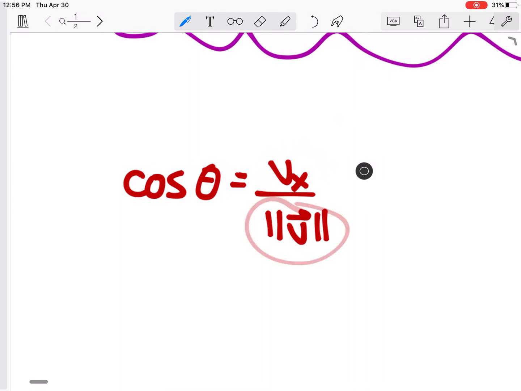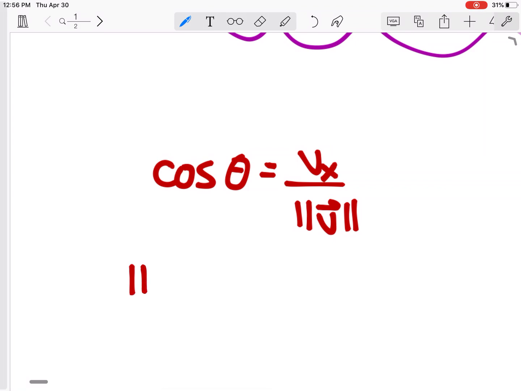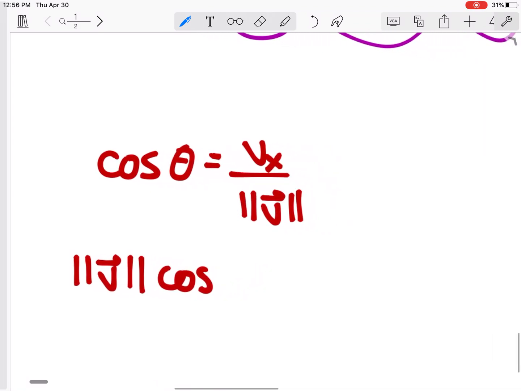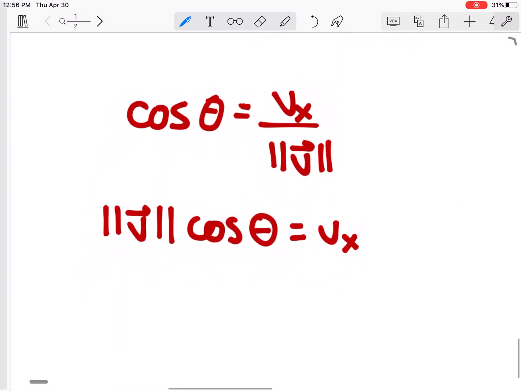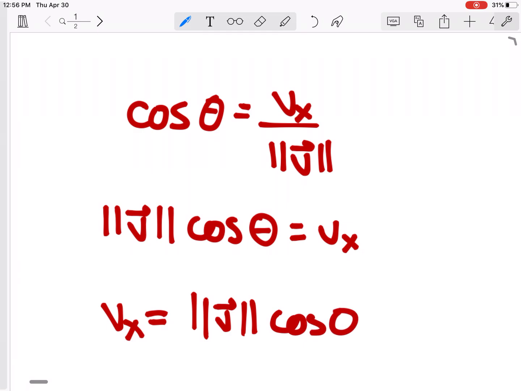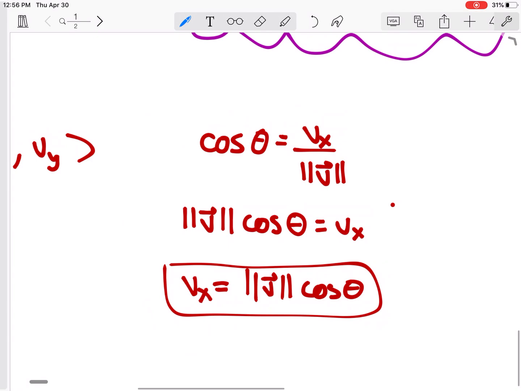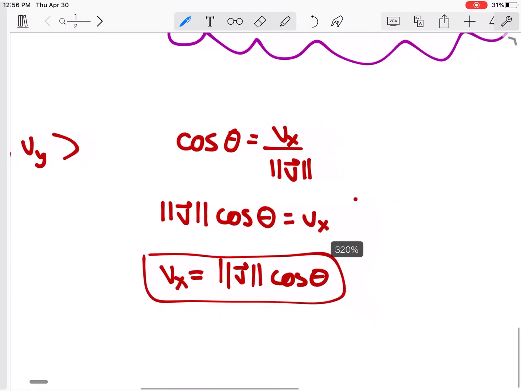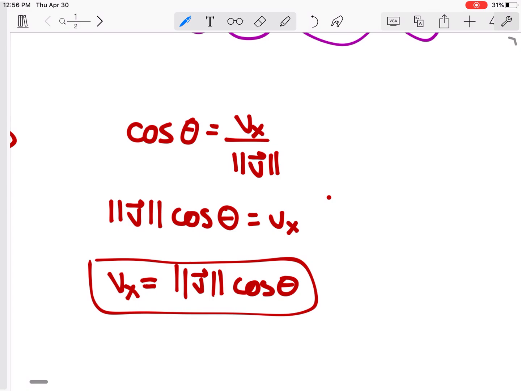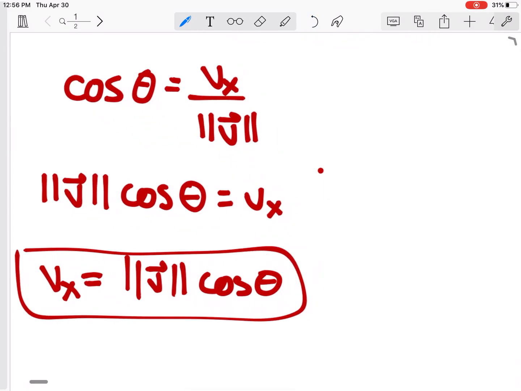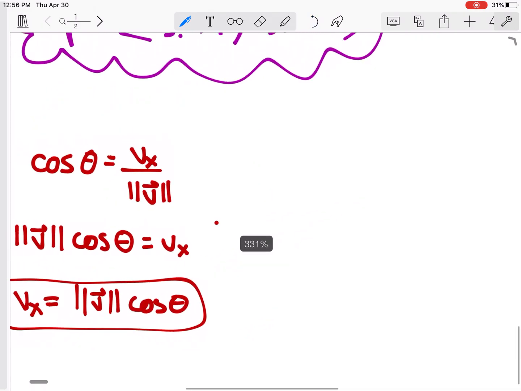We would multiply by the magnitude on both sides. So the magnitude of v times cosine theta is equal to the horizontal component. I'll flip that around to make it look pretty. So here is how we can always find our horizontal component, by calculating the magnitude, or if we're given the magnitude, and then multiplying it by cosine of our angle.